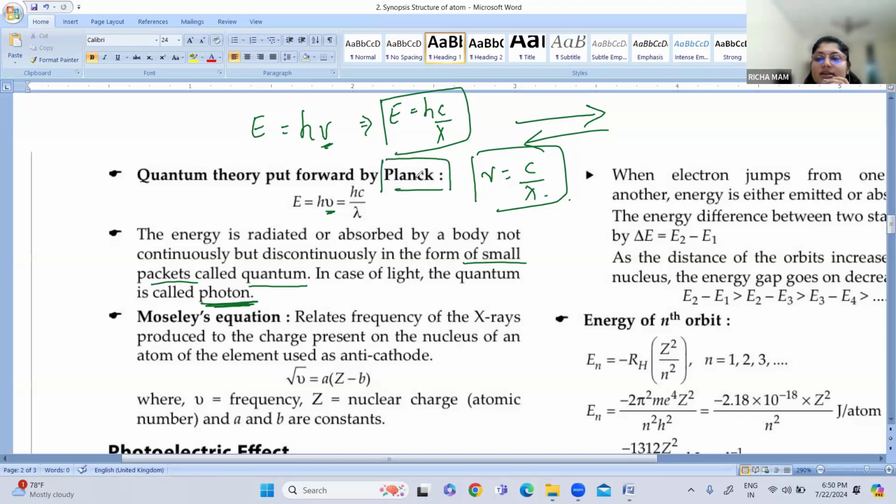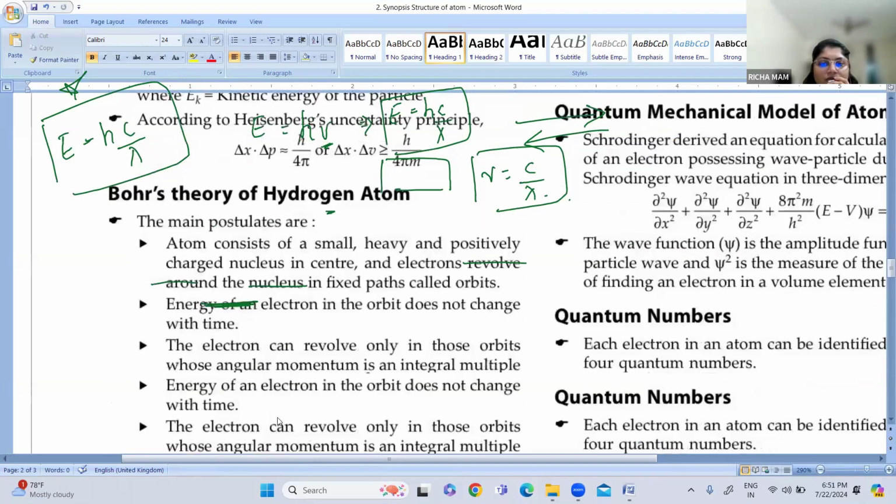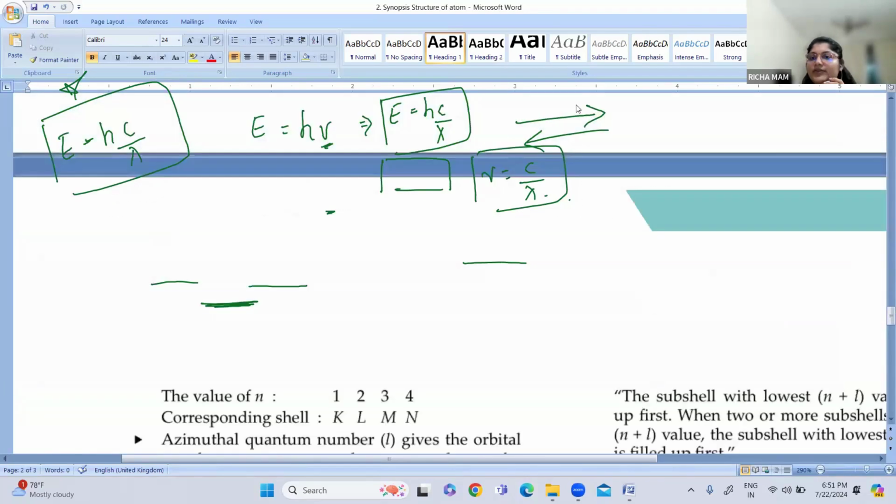Please make a note of this formula; we will use it to solve problems. Quantum numbers and all, we will see later. Based on this, let us solve some problems now.